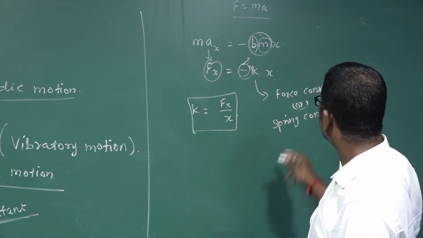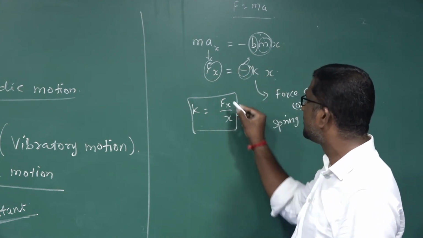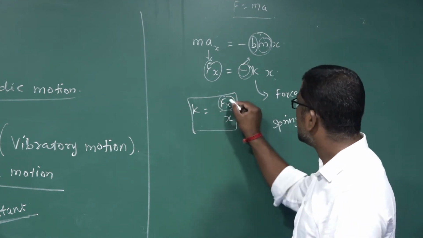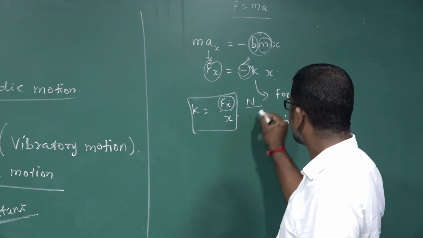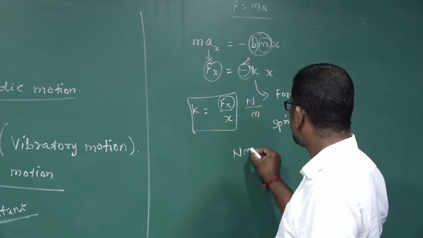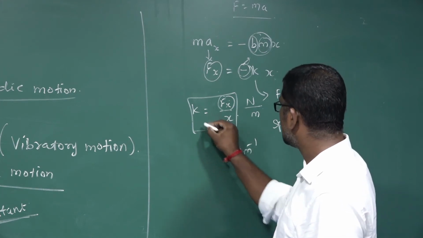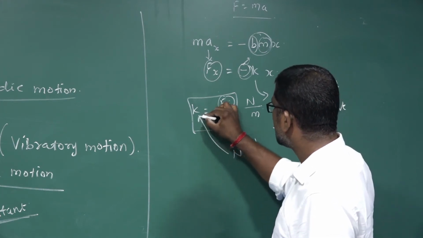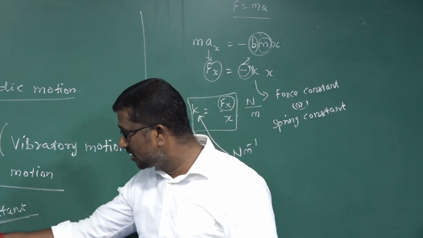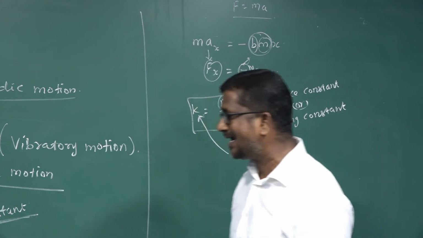And k is called force constant or spring constant, which is defined as force per unit length or force per unit displacement. Right? Unit of force is Newton and unit of displacement is meter. So Newton meter power minus 1 is the unit of spring constant or force constant. Unit of the proportionality constant b is second power minus 2.